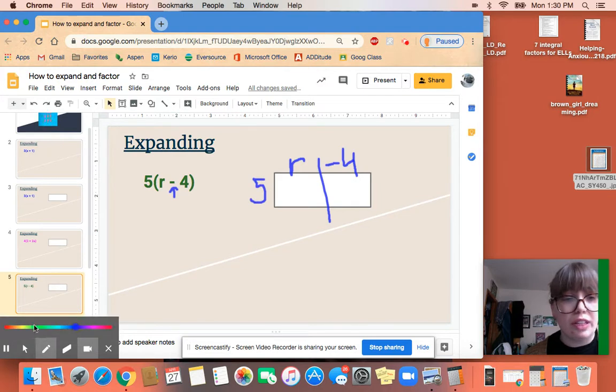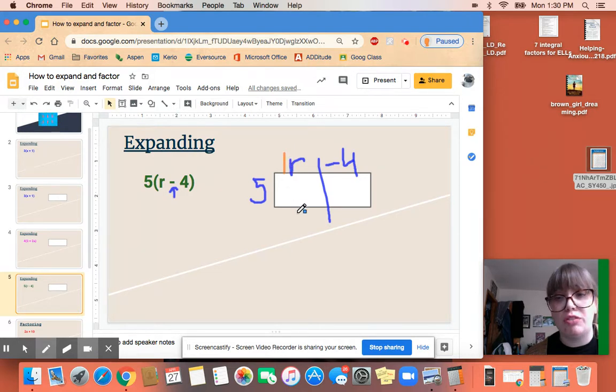All right, let's multiply it. 5 times R, there's that invisible 1 coefficient in front of the R. 5 times 1R means I have 5 R's. 5 times negative 4. Well, I know 5 times 4 is 20. Again, use a calculator or multiplication chart if you need to.